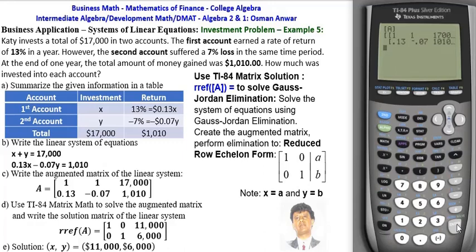Then do second matrix, go to math, go all the way down, find rref, second matrix, call matrix A, close it, hit enter, and here is the solution. X is 11,000 and y is 6,000.